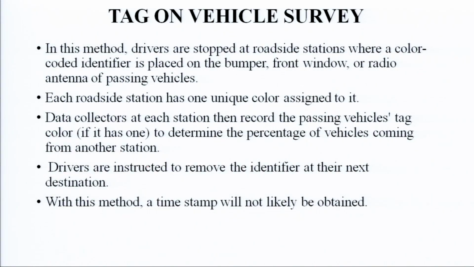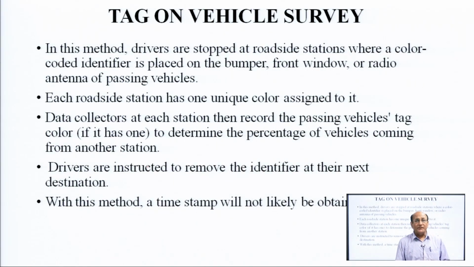The next method is the tag on vehicle survey. In this method, drivers are stopped at a roadside station where a colored identifier is placed on the bumper, front window or radio antenna of the passing vehicle.